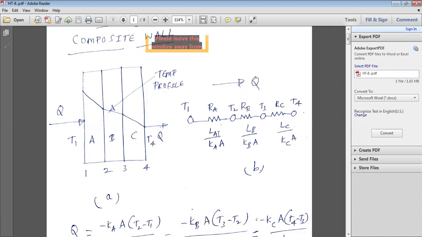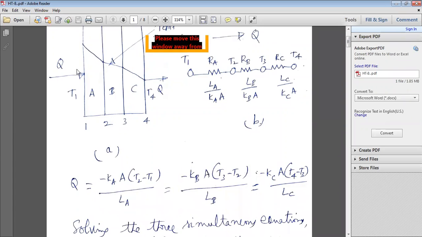The area is the same for material A, material B and material C, the normal or perpendicular area. So LA by kA times A for material A, Lb by kB times A for material B, and Lc by kC times A for material C. So this is the electrical circuit corresponding to the composite wall, the corresponding electrical analogy.